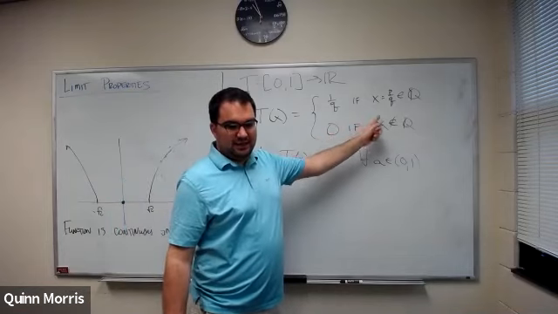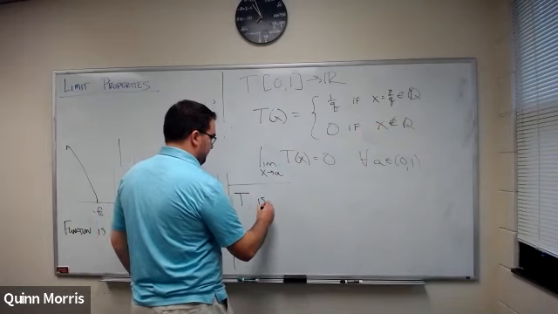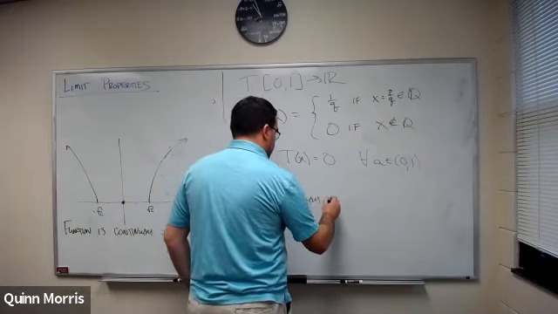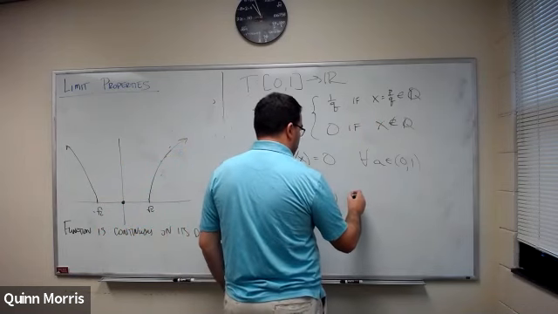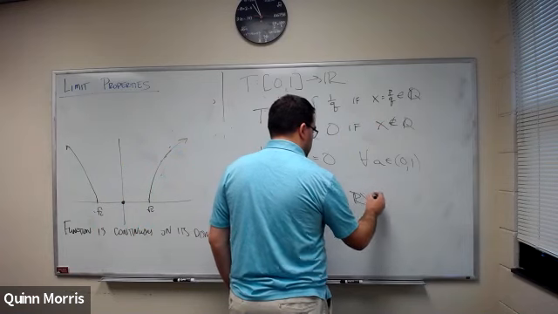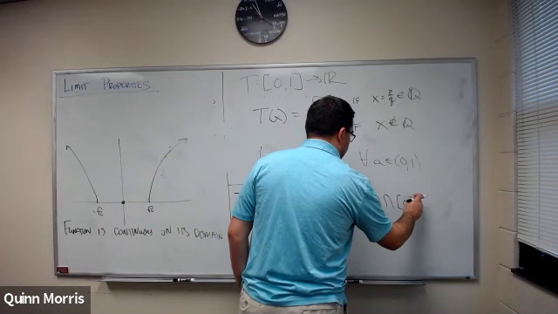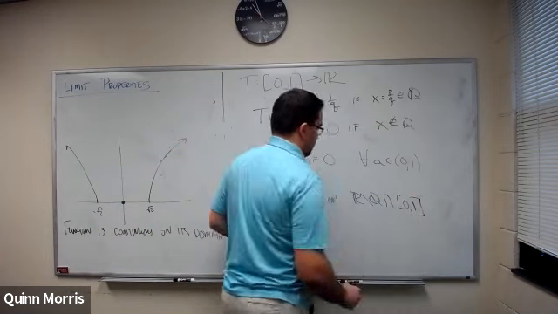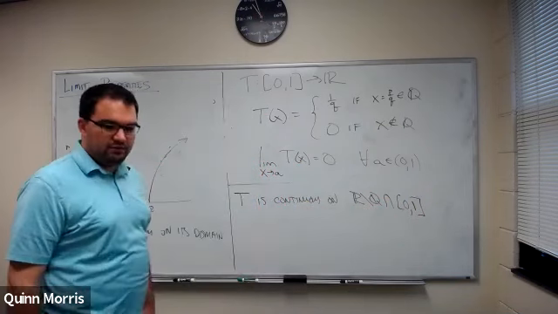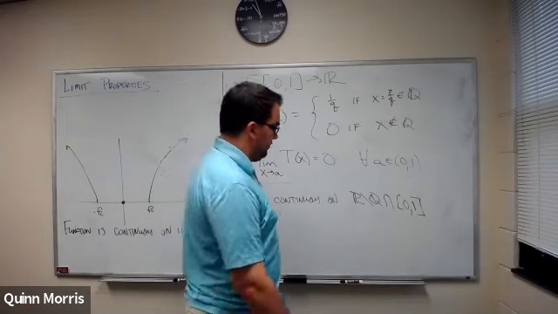It's equal at exactly the irrational values. So this function T is continuous on the set of irrational values in the interval 0, 1. This is just a shorthand way of writing irrational values in the interval 0, 1.